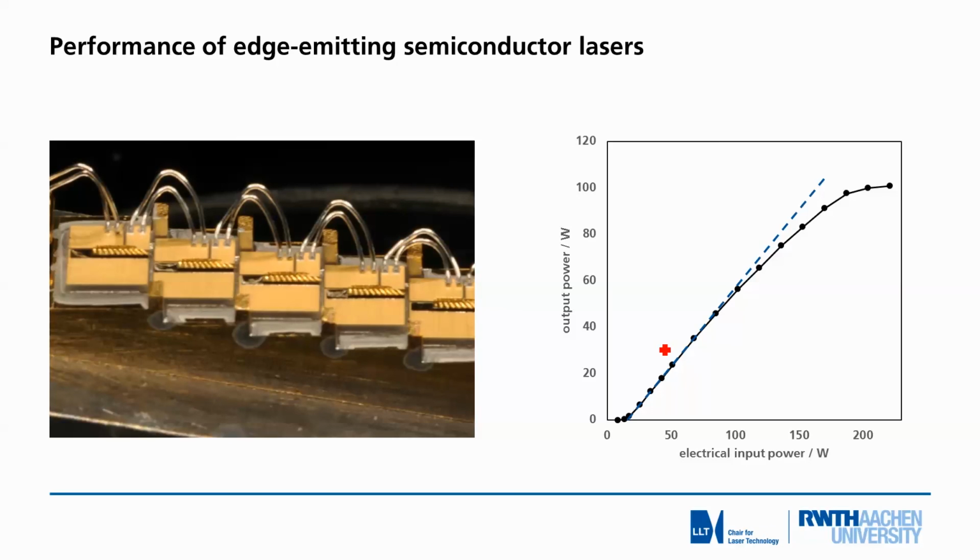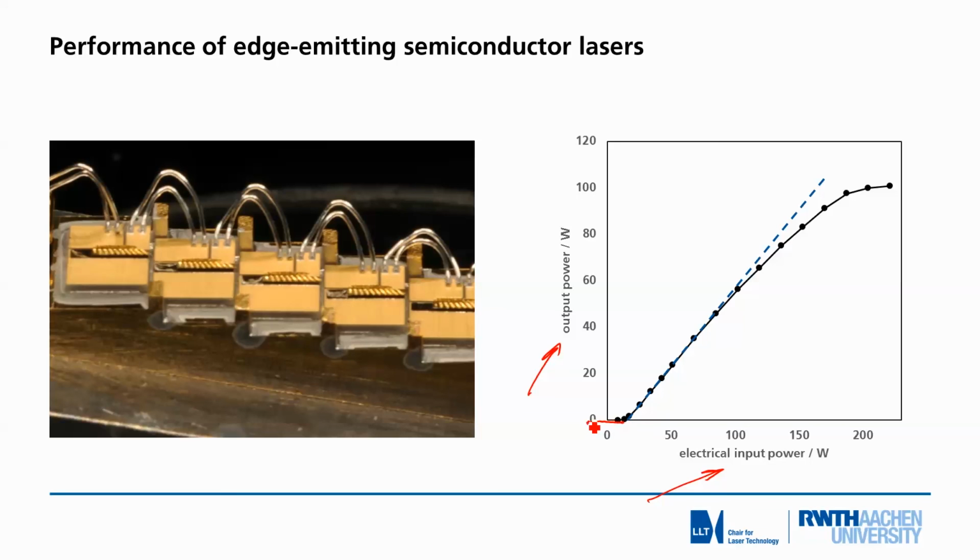Finally, to give you an example of how these rate equations can be applied, here you see a characteristic, as we call it, of a diode laser. So these diode lasers depend in their output laser power on the electrical power which is put in, and with increased electrical power input we get increased photon numbers. And you see the behavior as described by the rate equations.